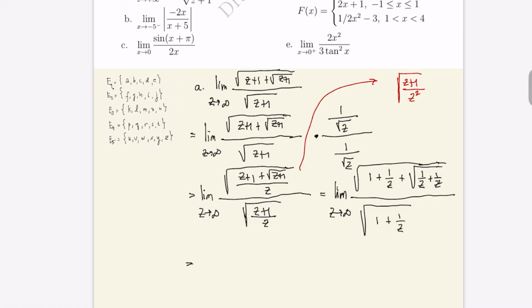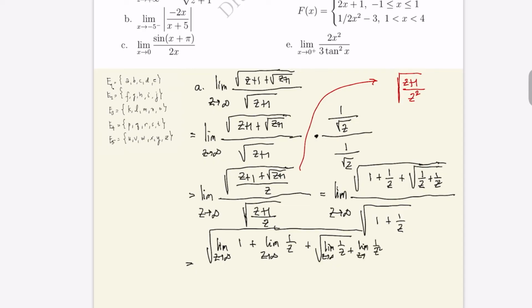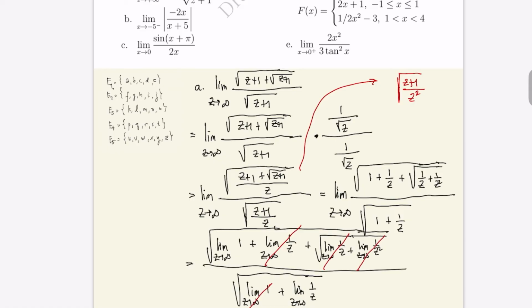So it can also go inside the square root sign. So it becomes the square root of the limit of 1 as z approaches infinity, plus the limit of 1 over z as z approaches infinity, plus, when I put it inside, the square root of the limit of 1 over z as z approaches infinity plus the limit of 1 over z squared as z approaches infinity. All over the square root of the limit of 1 as z approaches infinity plus the limit of 1 over z as z approaches infinity. Here we know this is 0, this is 0, this is 0.